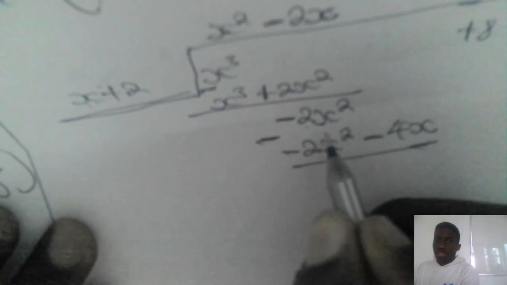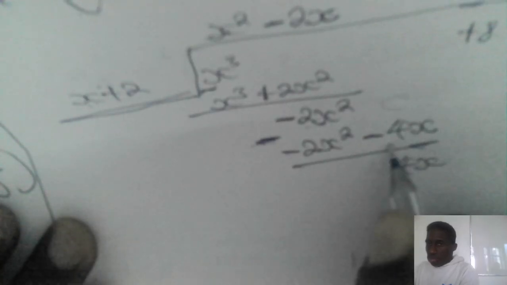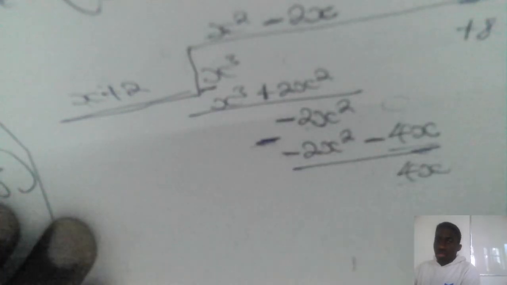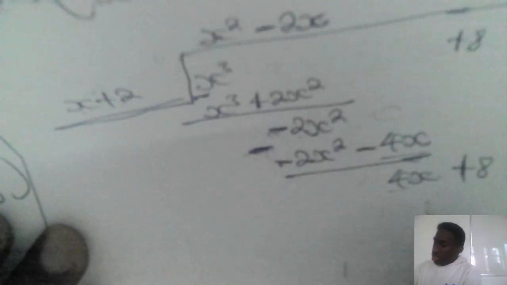So subtracting, we get 0 minus minus 4x, so that gives us plus 4x. Minus times minus is plus. And then, of course, minus 2x squared minus minus 2x squared is minus 2x squared plus 2x squared, 0 as usual. Then we have our plus 8.